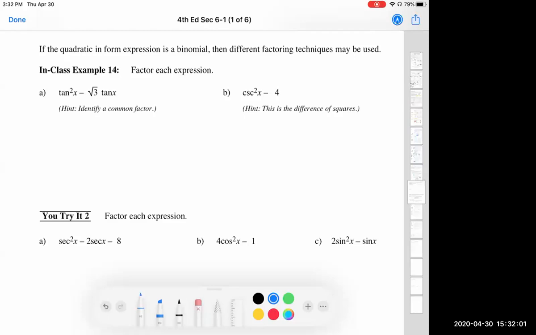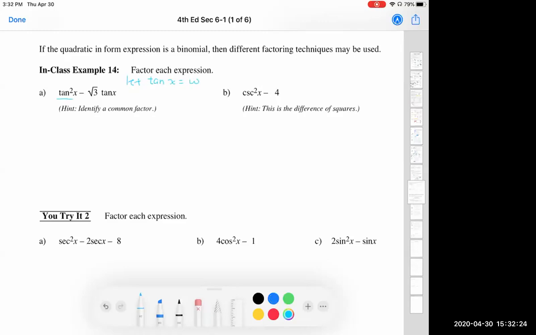Tangent squared minus square root of 3 times tangent. If you're ever confused by the use of all the trig functions, you can always replace it with the w or with the x or with the v. So let's say let tangent of x equal w.